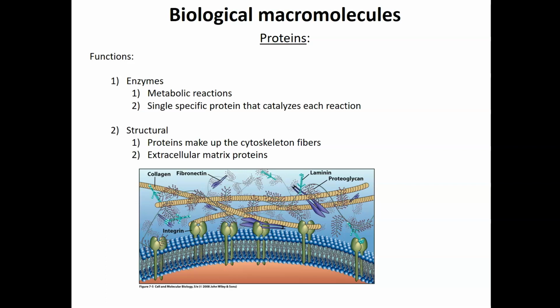So these are found outside of the cell. Our extracellular matrix is a network of material that is secreted from animal cells and it forms a complex network outside of the cell itself. This is really important for providing strength and structure and support to the cell as well.